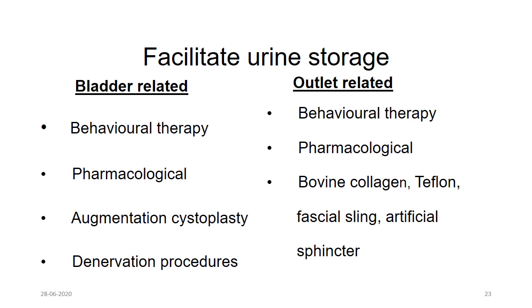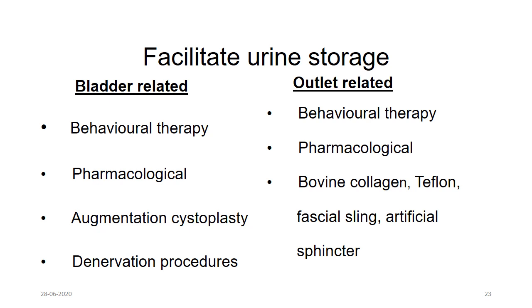Here, alpha agonists, which increase the tone of the urethra, can be used. Examples are ephedrine, phenylpropanolamine, etc. And surgeries with fascial sling surgery can be used with rectus sheath or tensor fasciae latae.